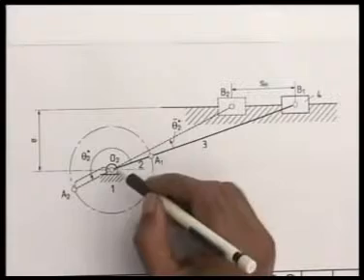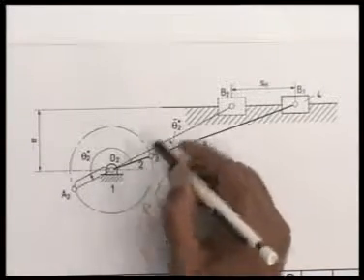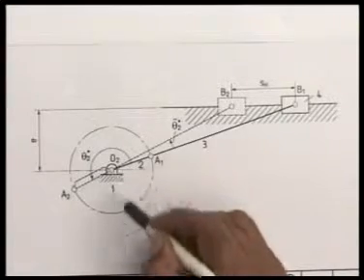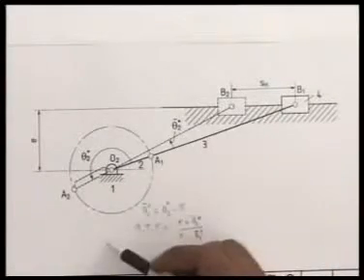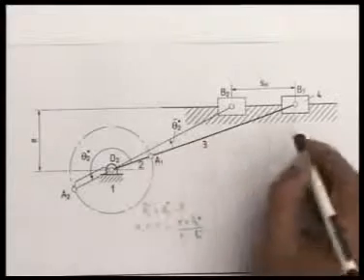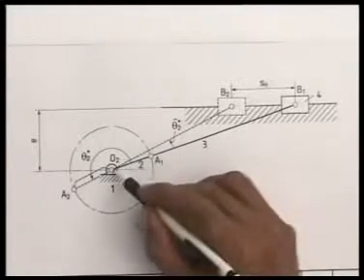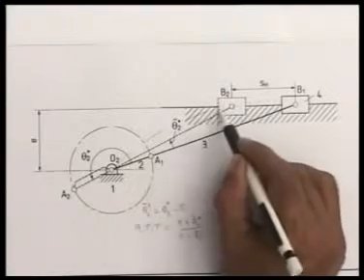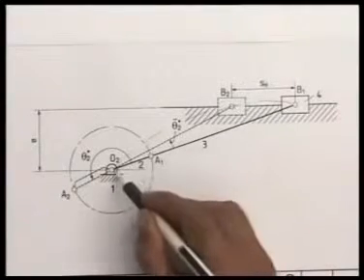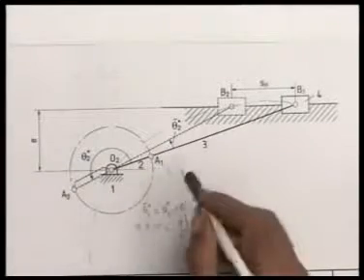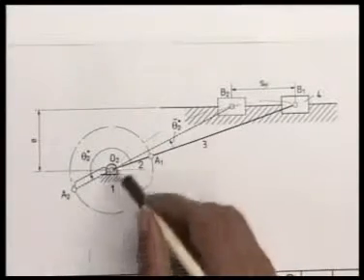As a result, the point O2 must lie on a circle passing through B1, B2 and O2, since the circumferential angle of a circle remains constant. O2 can be anywhere on this circle. If I draw a circle through B1, B2 and O2, this is the circle which passes through B1, B2 and O2.